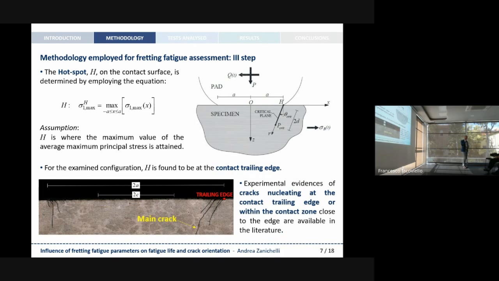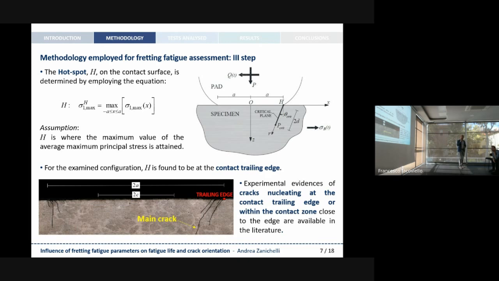Then the hotspot is located on the contact surface by employing the equation reported at the top of the slide. That is to say that we assume that it is the point where the maximum value of the average maximum principal stress is obtained on the contact surface. And for the examined configuration, H, that is the hotspot, is found to be at the contact trailing edge.